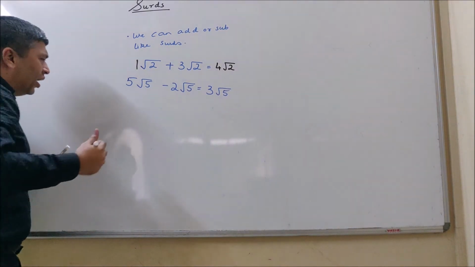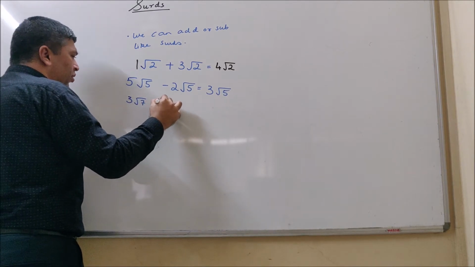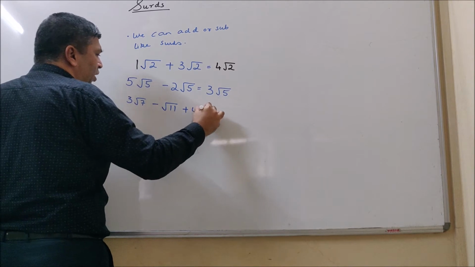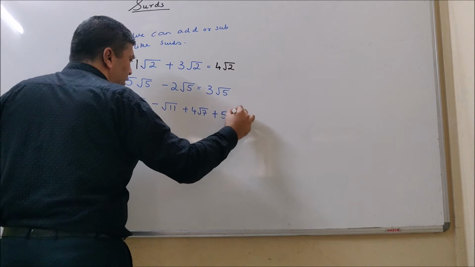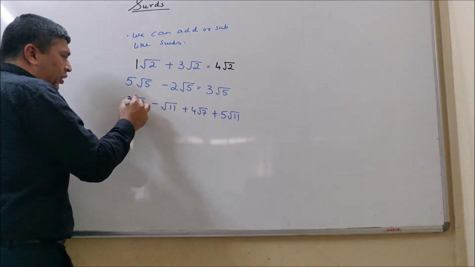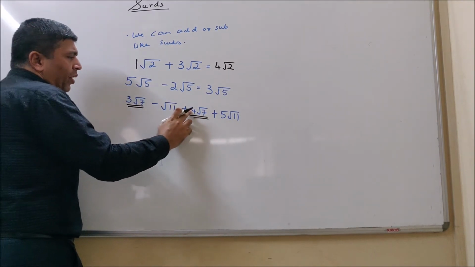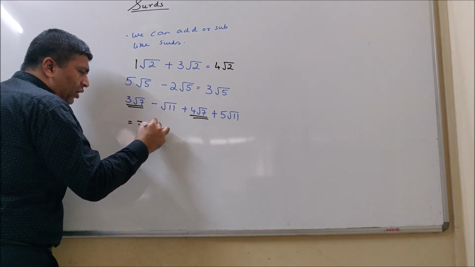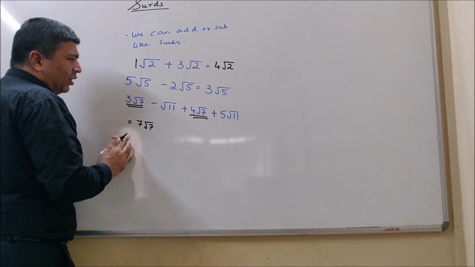Let's take another example, 3 root 7 minus root 11 plus 4 root 7, or let's say plus 5 root 11. Now, when you are looking at this kind of a thing, the like surds are out here and here. 3 root 7 plus 4 root 7 is basically 7 root 7. 3 plus 4, and we just copied the root 7 as it is.